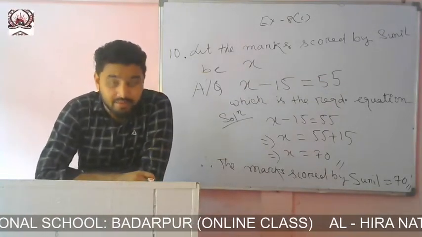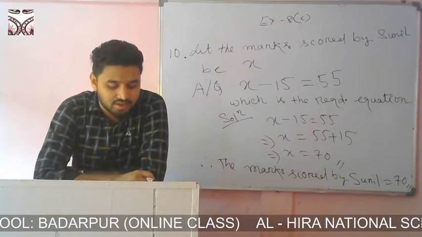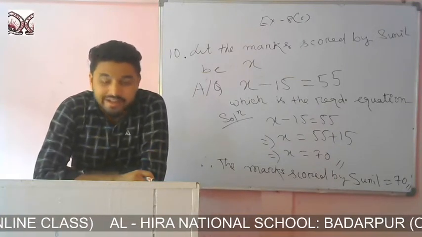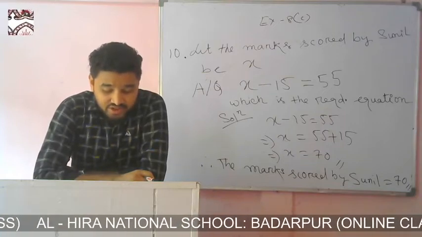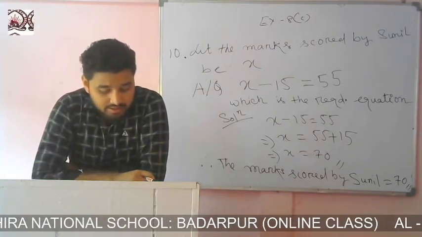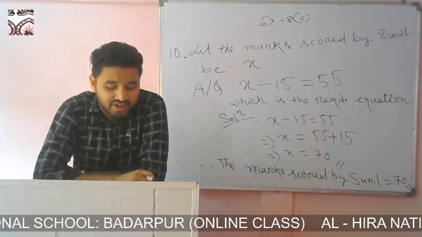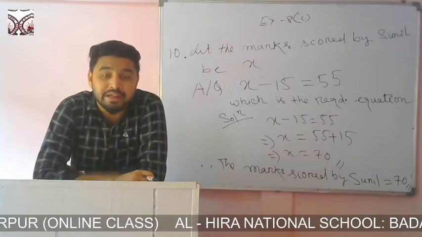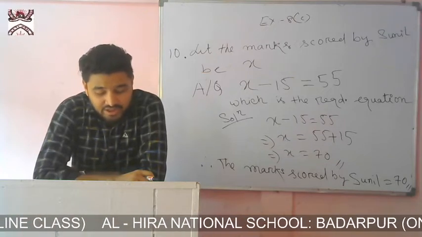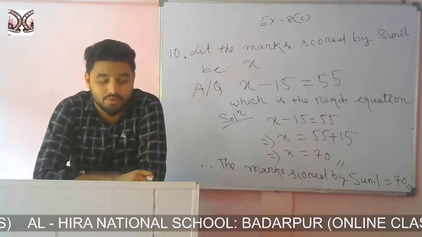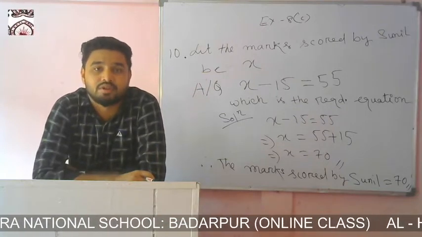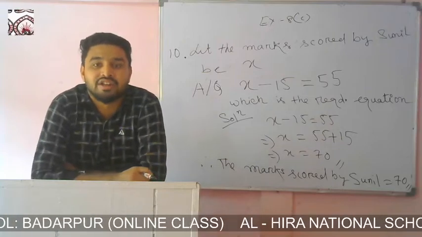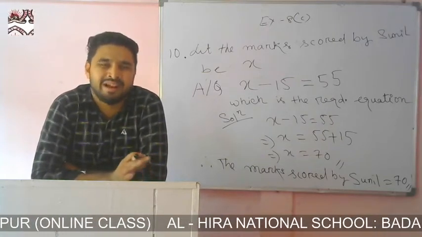Now come to question number 11. 1/6 of the distance traveled by Piyush is 20 kilometers. Find the distance traveled by Piyush. That means we have to find the distance traveled by Piyush, which we don't know. So first we let the distance be x, y, z or anything.